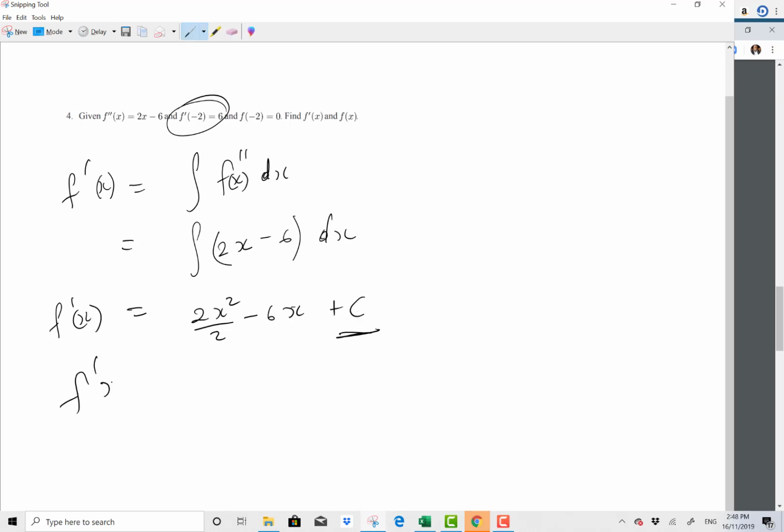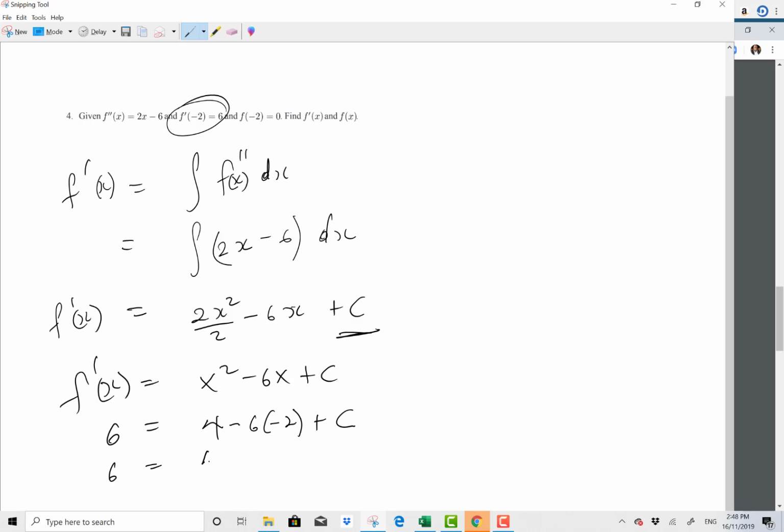So f prime of x is going to be equal to x squared minus 6x plus c. Now, to plug in that value, 6 is equal to negative 2 squared minus 6 times negative 2 plus c, because I plug in negative 2 right here.